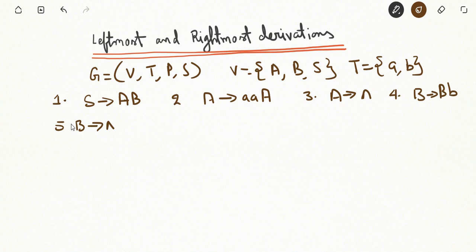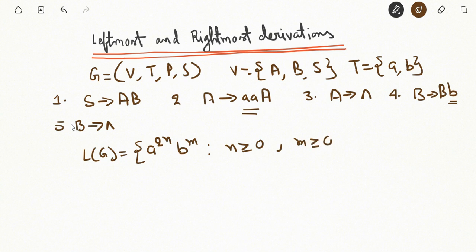So if you closely observe the production rules, you can see that the number of a's corresponding to the number of b's is twice. So what we are going to get in this grammar is the language a raised to power 2n, b raised to power m, such that n is greater than or equal to 0 and m is greater than or equal to 0.